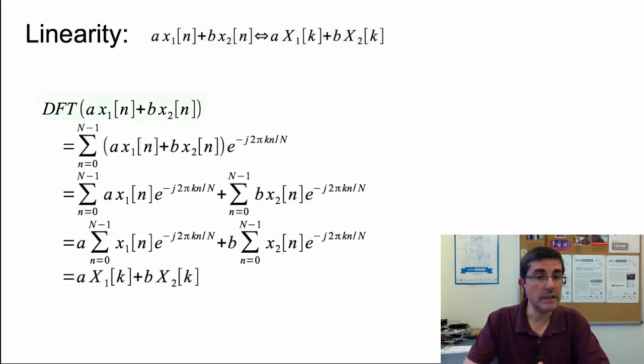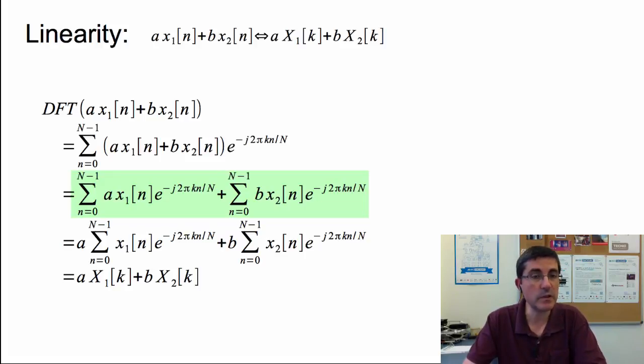If we start with the DFT of this sum of these two signals, x1, x2, we can see easily that we can separate this summation into two sums, one for a x1 and another for b x2.